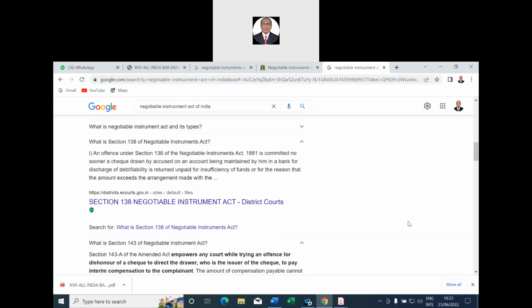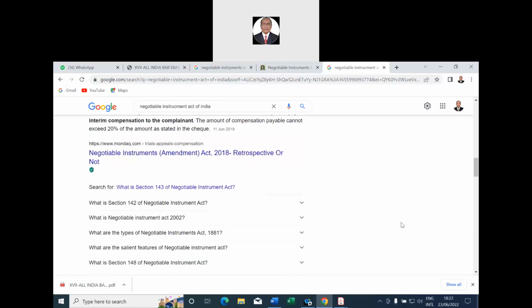Here the offense is committed when a check drawn by the accused on an account maintained by him in a bank, to discharge a debt or liability, is returned unpaid for insufficiency of funds, or because the amount exceeds the arrangement made with the bank. Insufficient funds in the account is the exact wording you can use.